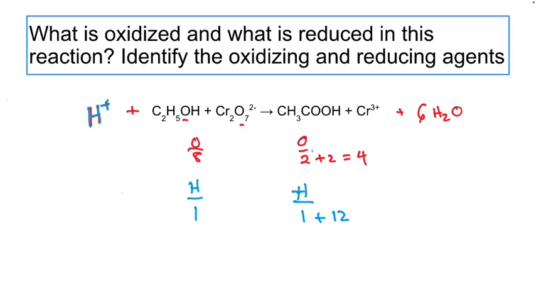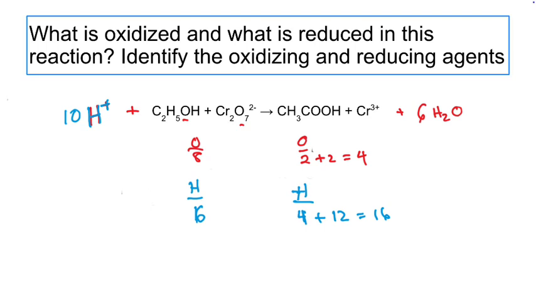You're doing good math in your head. Oh, 4 plus 12. It's not 1 hydrogen, it's 6 hydrogens over here. 6 times 2 is 12, so 4 plus 12 is 16. Yes, you're right. So I would need 10 H plus over here. Okay?